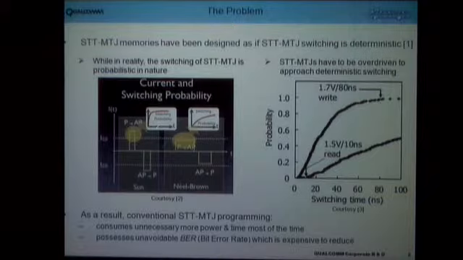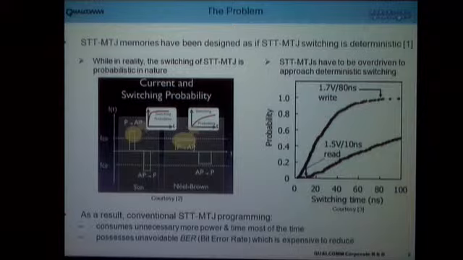You can see from these figures that, depending on how your programming pulse is applied, the switching is not always 100%. That's why we choose one region to do read and another region to do write.